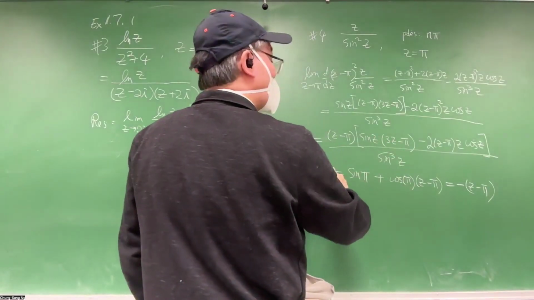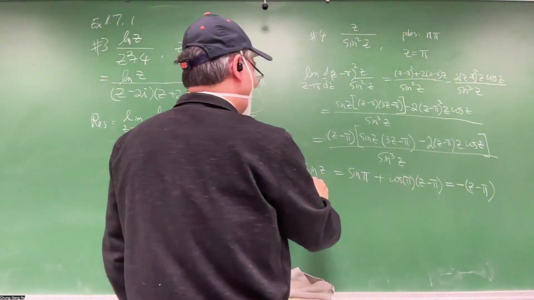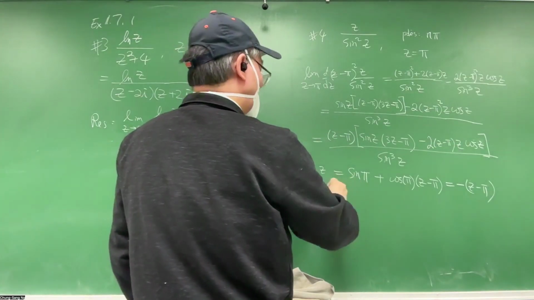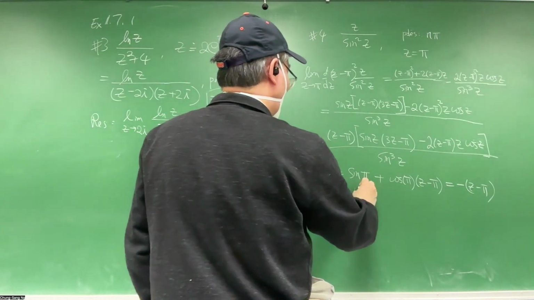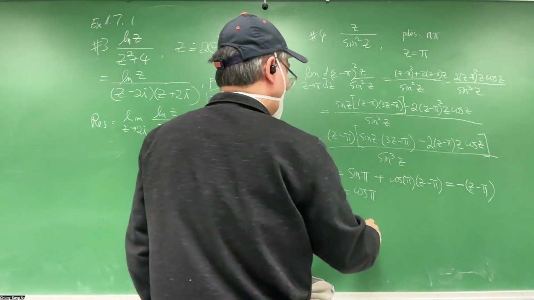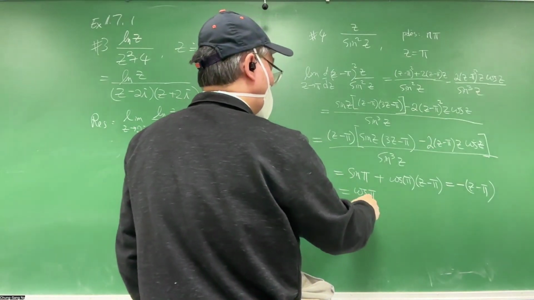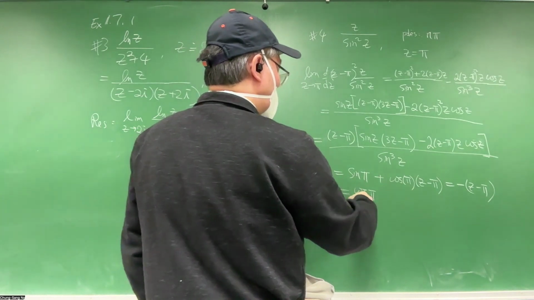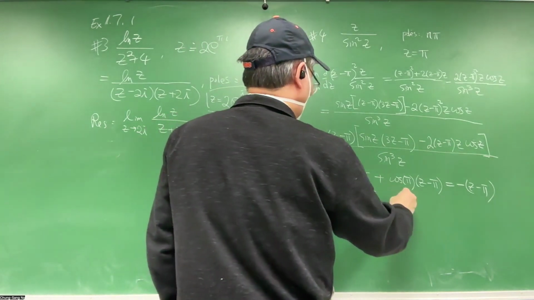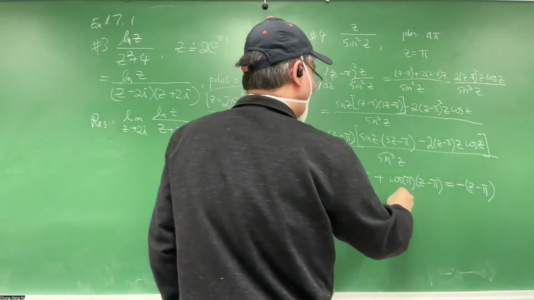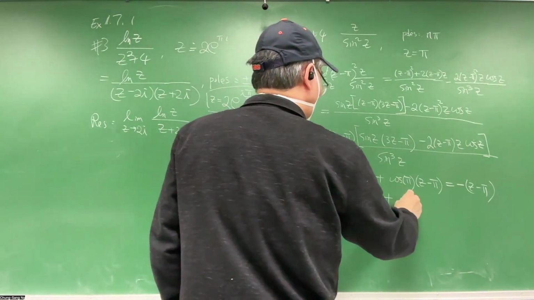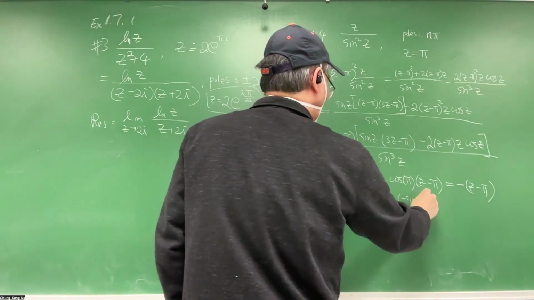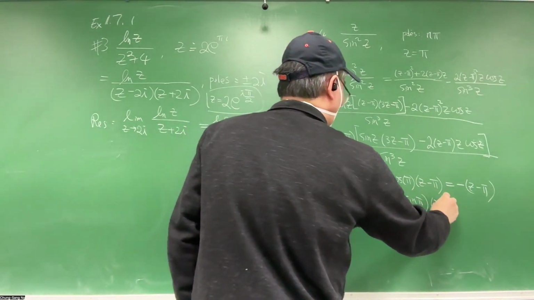Then we do the same thing for cosine c. We want to get rid of all these things. Cosine pi is -1, and then the derivative becomes minus sine pi, which is 0, times (c minus pi).